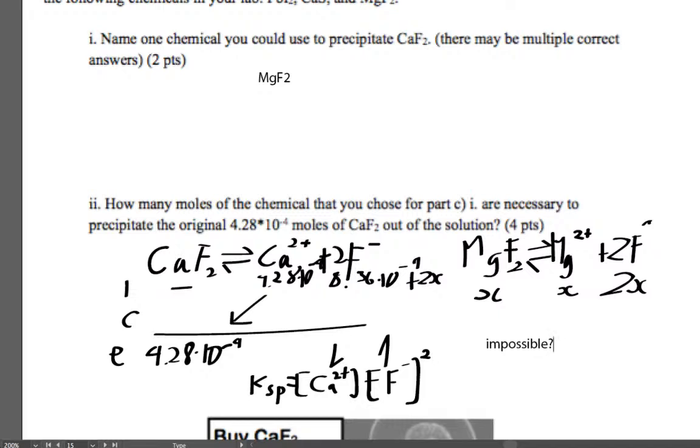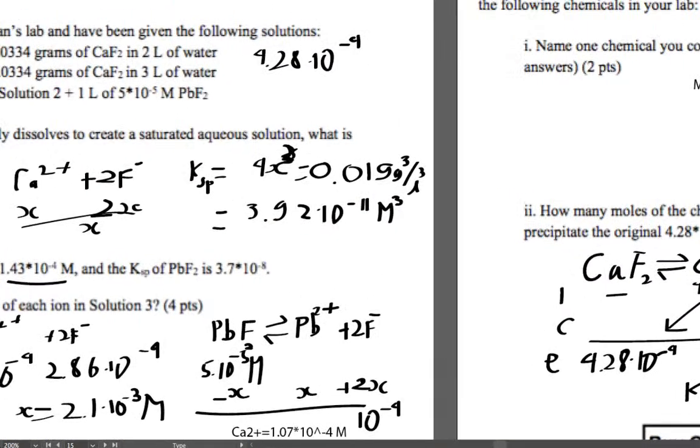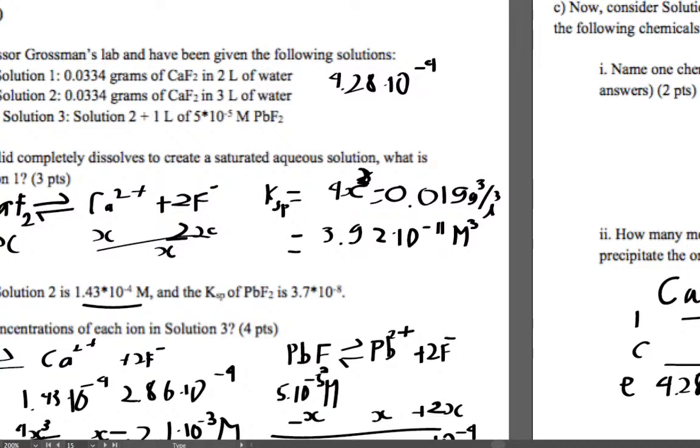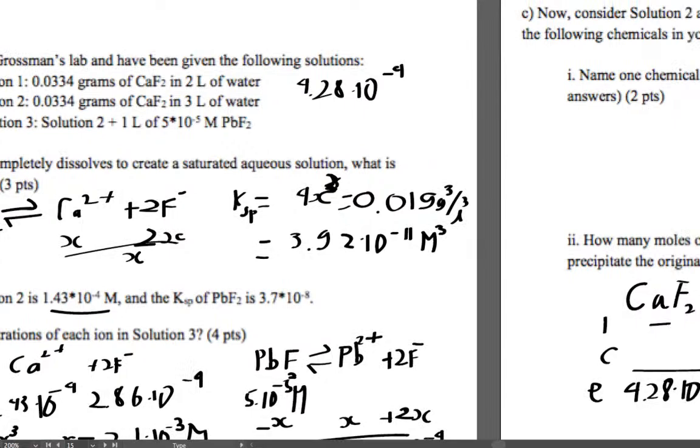Oh wait, but we are actually talking about concentration, right? Which means that we can actually do this, but we need to make sure those things work. So in order to release that 4.28 times 10 to the power negative 4, that's basically 1.43 times 10 to the power negative 4 molar.